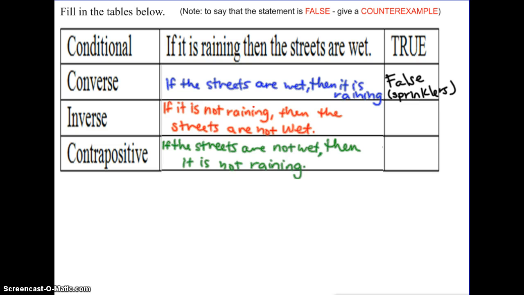Alright, now the inverse, if it is not raining, then the streets are not wet, I would also say that is false due to the same reasoning we used in converse. And contrapositive, if the streets are not wet, then it is not raining. So that is true. So we started out with a true conditional statement, and the only statement that was also true was the contrapositive.